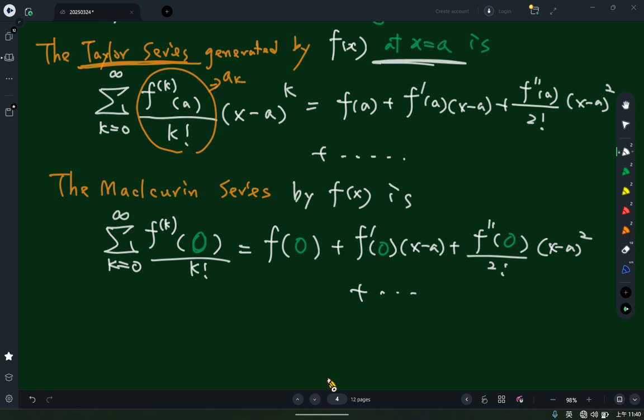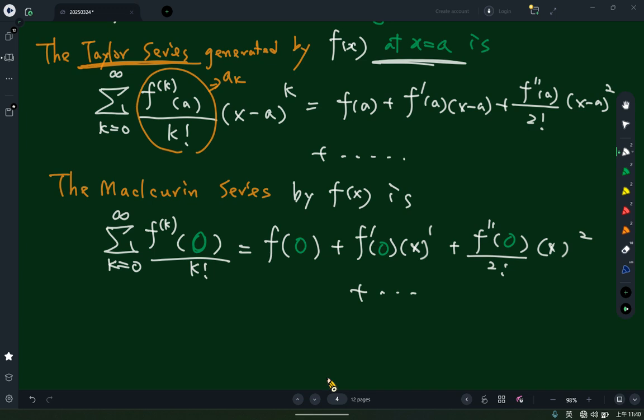Sorry, right now we don't have a here, we just have x left, because x minus 0 is equal to x. So this is a Maclaurin series.